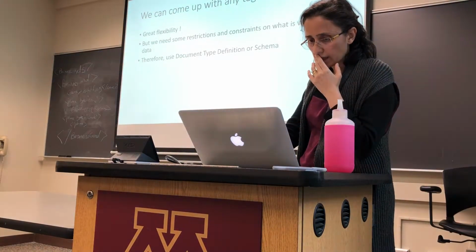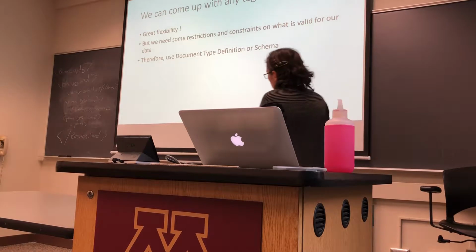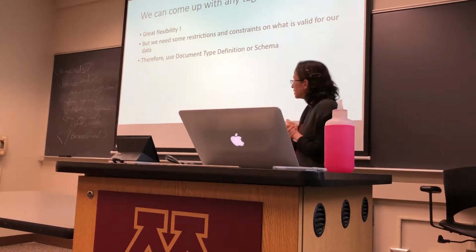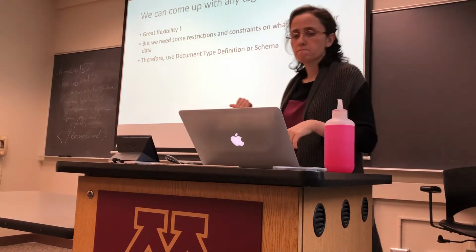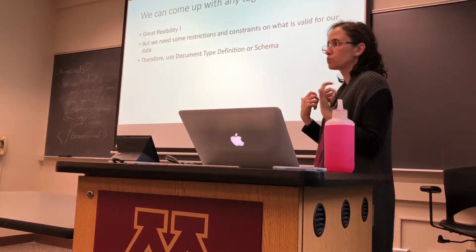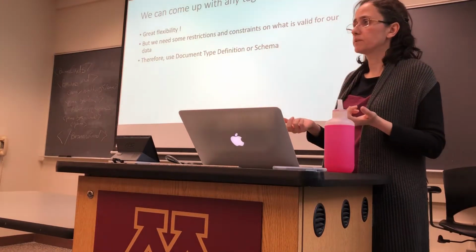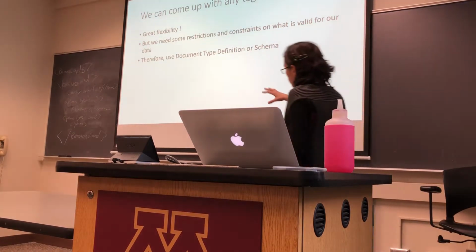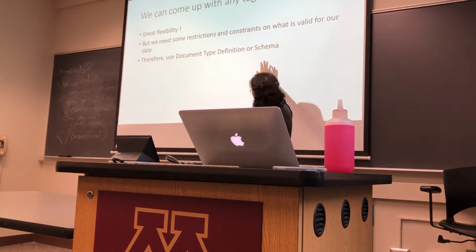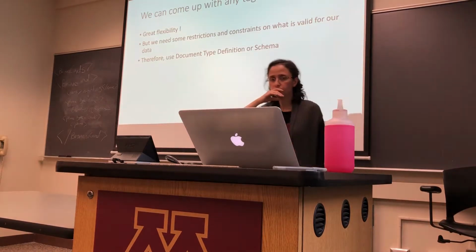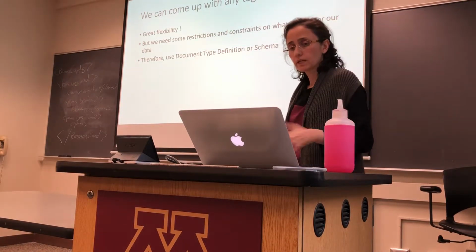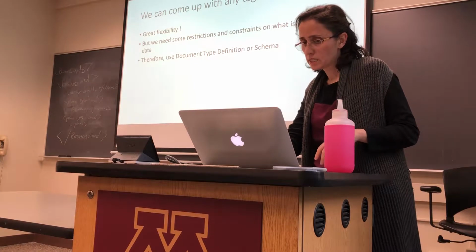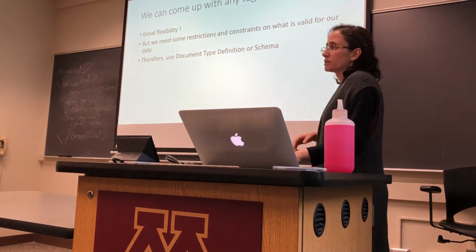So that brings us to the document type definition. In order to impose rules on XML data, you can use two methods. One of them is the document type definition, and another one is the schema. We're going to be doing the document type definition.